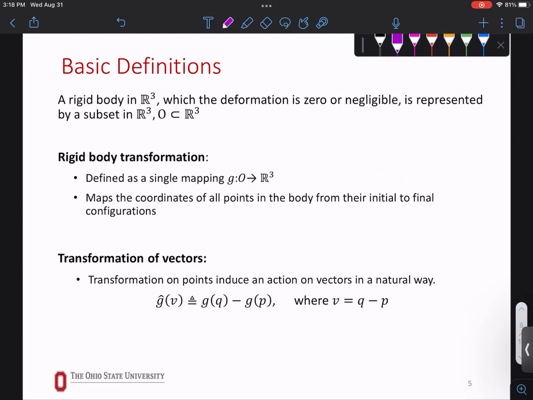Now, when we map, if our body is a rigid body, every single point, when we have the mapping matrix, will be mapped through that one matrix to the destination, right? Because we don't have deformation. That's why we usually put the reference frame at the center of mass of the object and say, if we can find the transformation from the center of mass, where does it go?